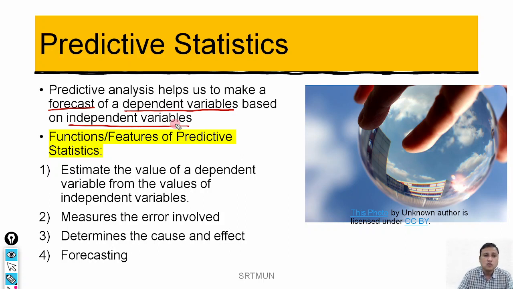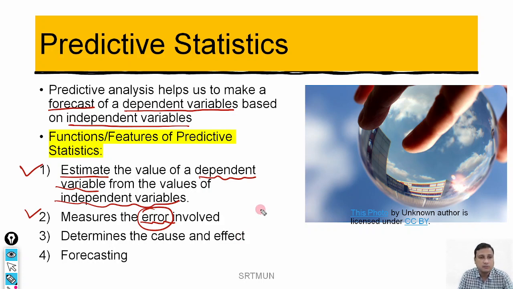Fine. What are the features of predictive statistics? It estimates the value of the dependent variable from the value of the independent variable. Next, it measures the error involved. What is the meaning of error? We are going to understand that in a separate lecture, when we treat our data with predictive statistical techniques using MS Excel and SPSS.